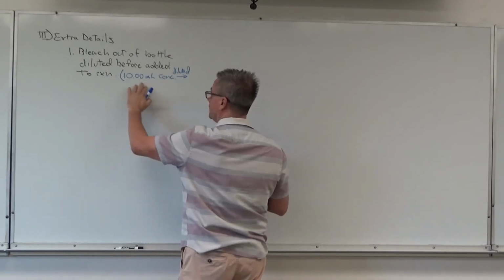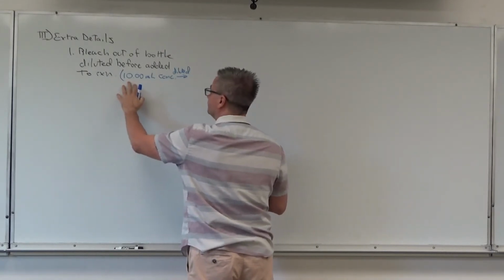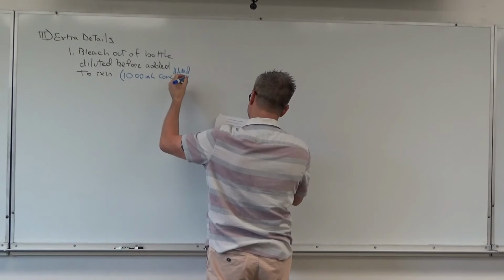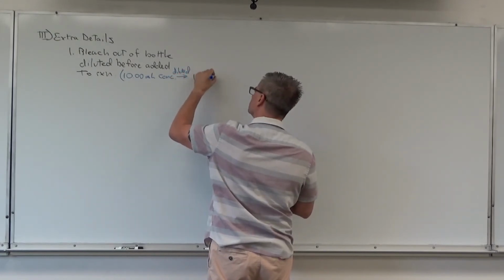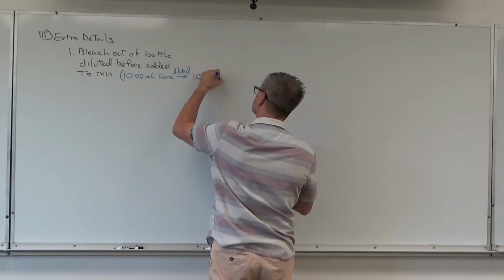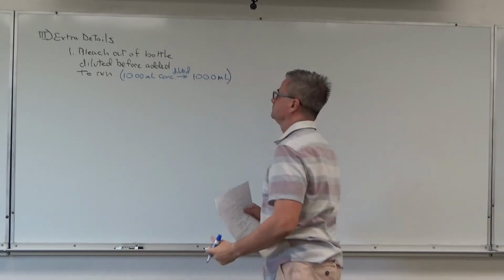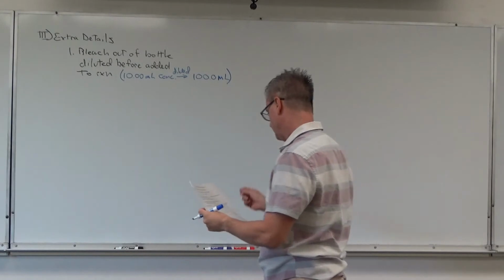It's put into a 100 mL volumetric flask and diluted to 100 mLs.